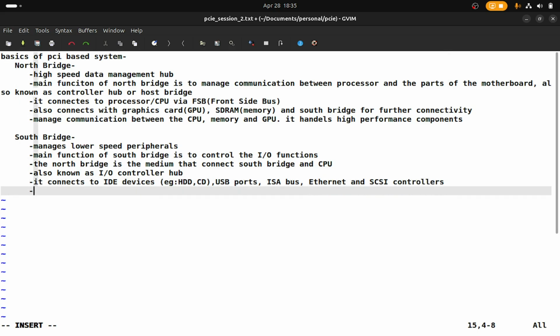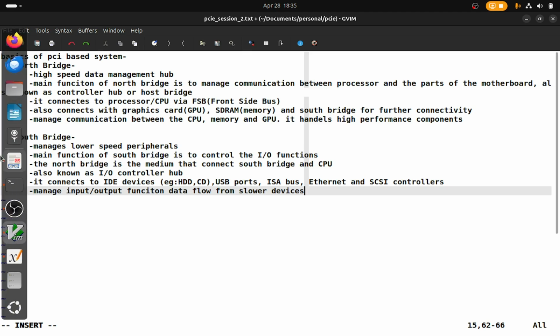Next point is it manages input output function and data flow from slower devices.